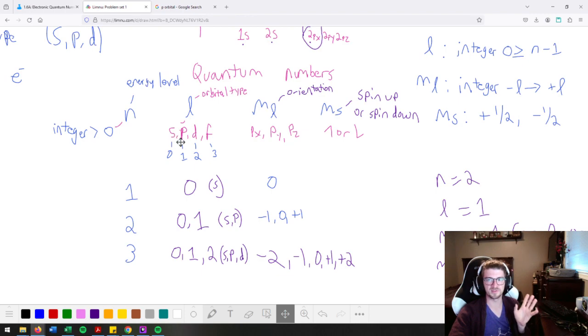Is it an s orbital? Is it a p orbital? Is it a d orbital? And then ML is saying within this orbital type, what is the orientation of the orbital this particular electron occupies? And then the MS is just referring to, is this electron pointing up or pointing down? So all of these are just a roadmap, an address for this electron in an electron configuration.